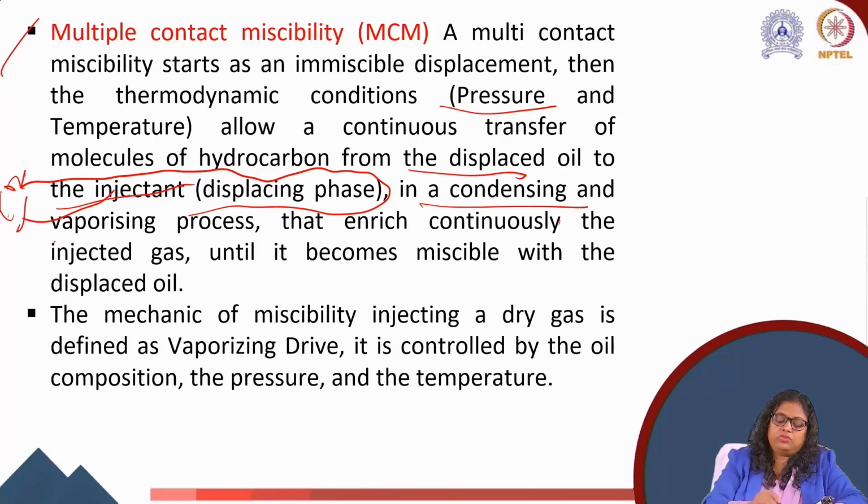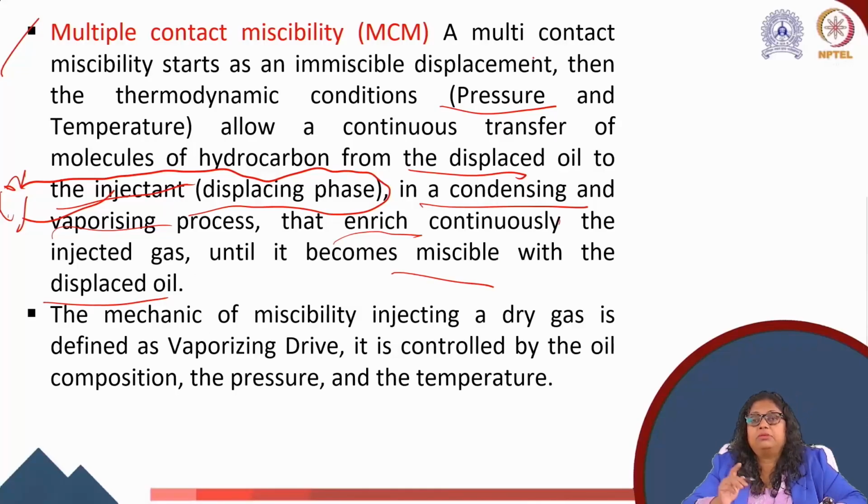These two processes, condensing and vaporizing, continuously enrich the injectant gas until it becomes miscible with your displaced oil. So initially multiple contact miscibility starts as an immiscible displacement, but as time proceeds and at the given thermodynamic conditions, that is pressure and temperature, finally it achieves miscibility.